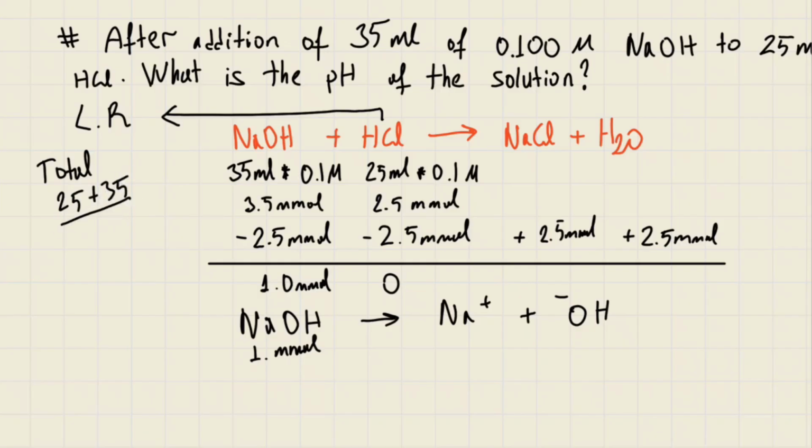Why is this important? It is important since we have to calculate the molarity of the solution in the Erlenmeyer flask. At the beginning we have 25 milliliters of HCl, but we added 35 milliliters of sodium hydroxide, so we changed the volume.